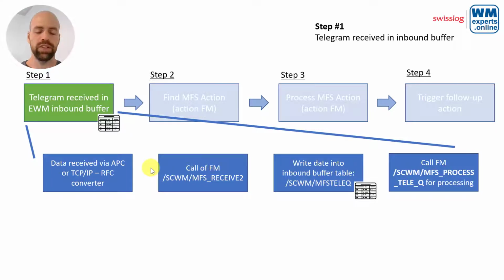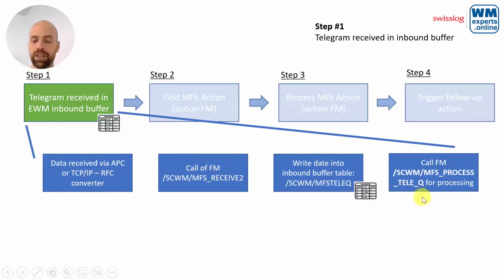That's not too important here right now. Just keep in mind, MFS receive 2 is receiving the data from the subsystem, enables manipulation of the data, and then finally writes it into the buffer table SEWM MFS TELEQ. And once it is in, from here we call function module MFS process TELEQ to process this data.